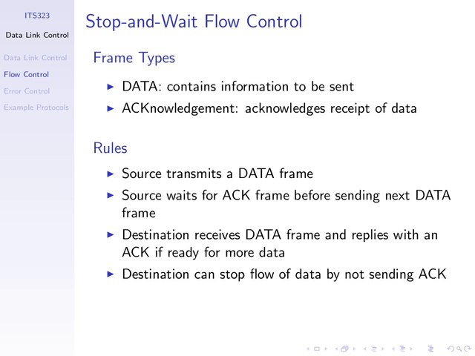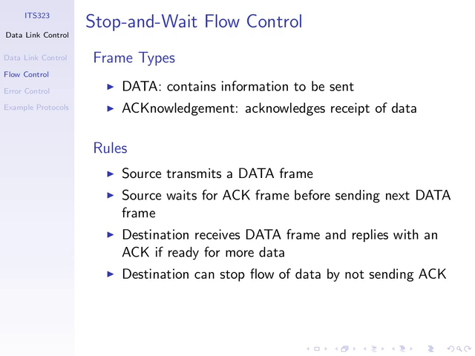From the destination's perspective, when we receive a data frame, we may reply with an ACK if we're ready for more data. So this is where the flow control comes in. The destination receives data, puts it inside memory. If we have enough space in our memory to receive more data, we can send back an acknowledgement. And that acknowledgement will allow the source to send more data.